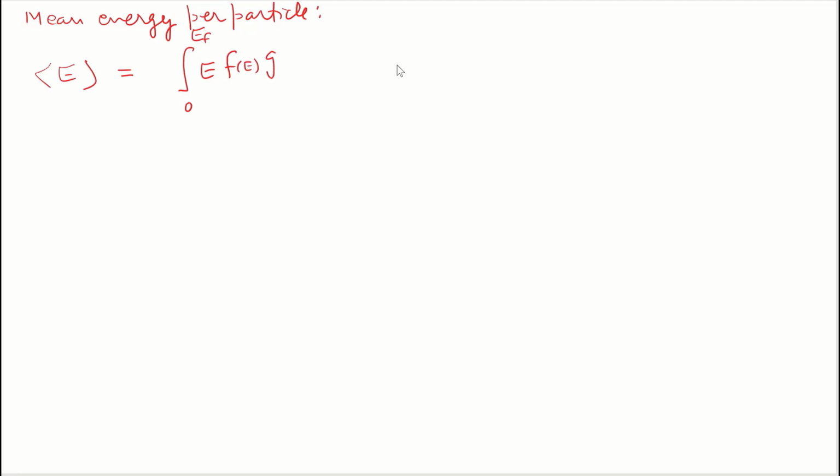So the mean energy per particle, E, is equal to the integral from 0 to EF of E f(E) g(E) dE divided by the integral from 0 to EF of f(E) g(E) dE.